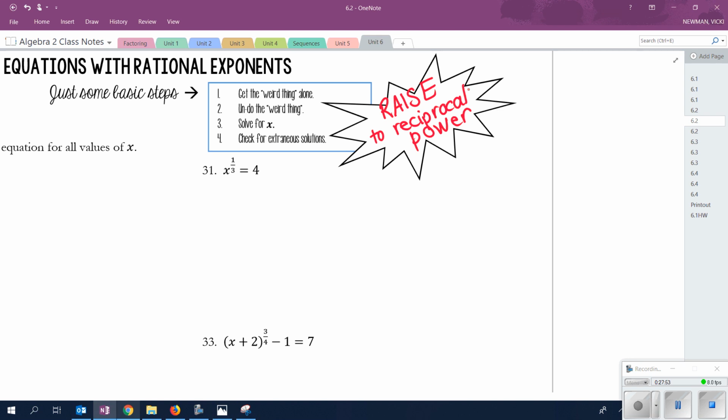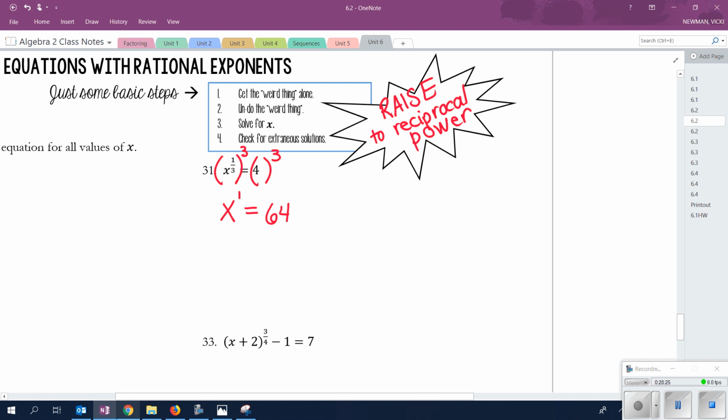So, x to the 1/3 equals 4. Is the weird thing alone? Yes. So we're going to undo the weird thing by raising to what exponent? 3/1 or 3. We raise to the 3rd power, which gives us 1/3 times 3 in the exponent, which is an exponent of 1.